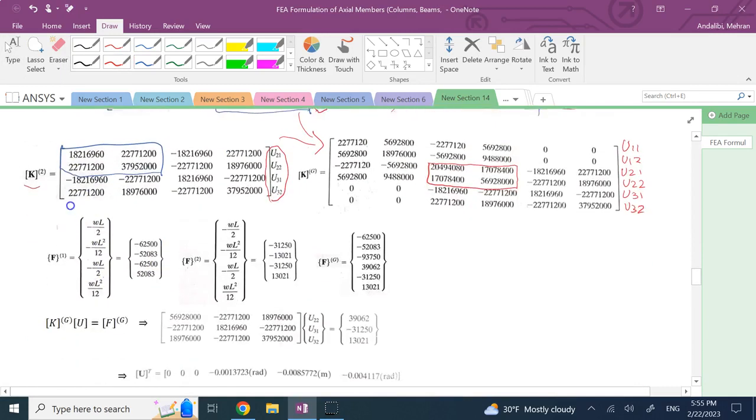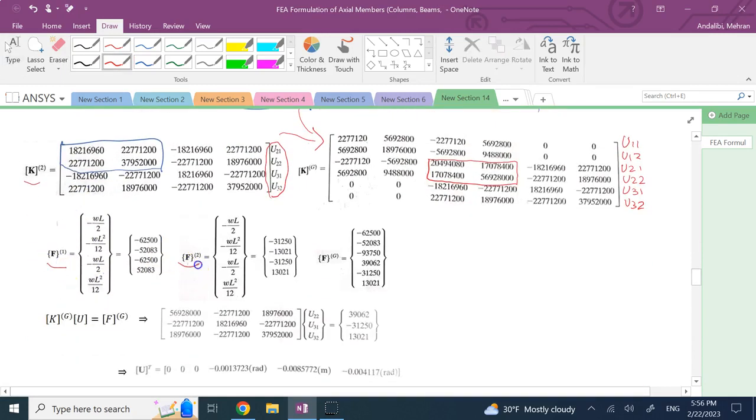One is 5, one is 2.5. So I get F1 and I get F2, and then again I add them together and I get a 6 by 1, and again the area of overlap is this area in the middle. Here this is the sum of the numbers from here and here. Everything else is going to stay the same.